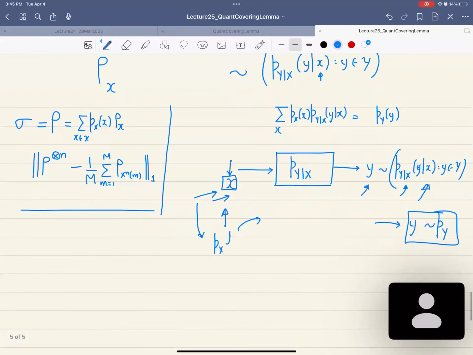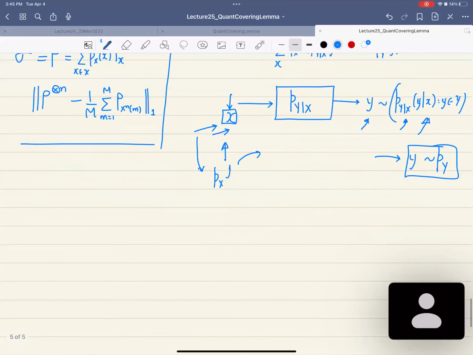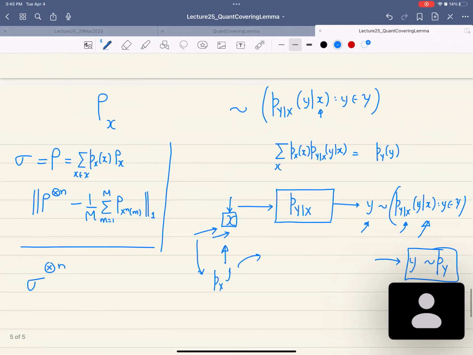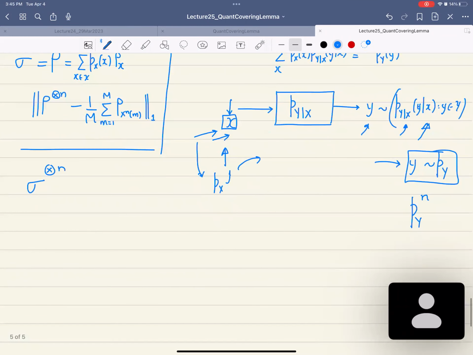Okay, great. So if I want to simulate an output with the distribution pY^n, similarly, I remember I asked you, I want to simulate a quantum state sigma tensor n. And I told you this rho and sigma are kind of equal to pY, right? So I'm asking the same question here.